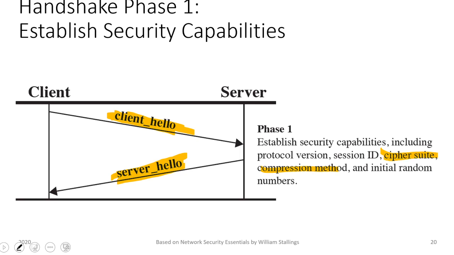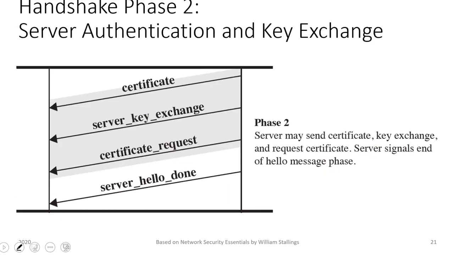So phase 1 is mainly about establishing the basic capabilities that are necessary to further establish secure communication. Then at the second level, it is all about the server sending its authentication and key information.